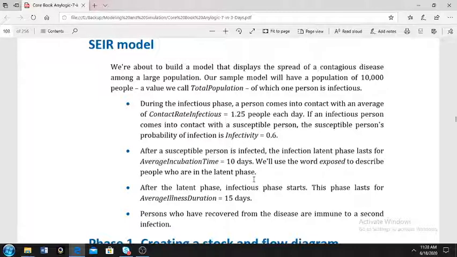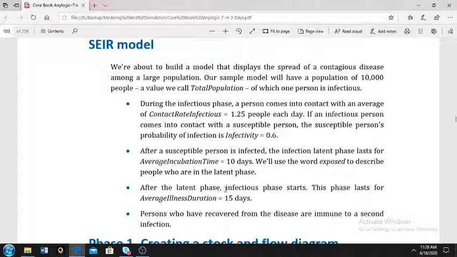They are exposed to the disease. They are not yet infectious, but they're exposed.